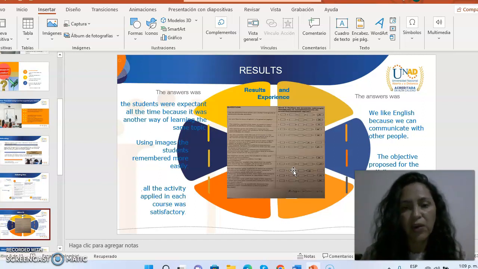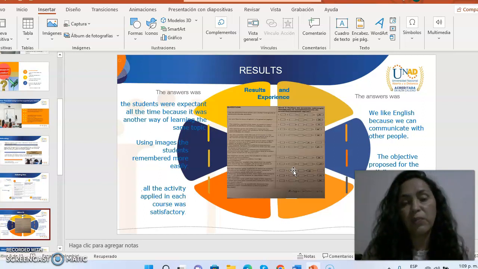Using images, we can learn more vocabulary, and when the students can learn more vocabulary, it's excellent because with this vocabulary, they can explain a lot of things with the same image. It was necessary for me to apply different images according to the topic.